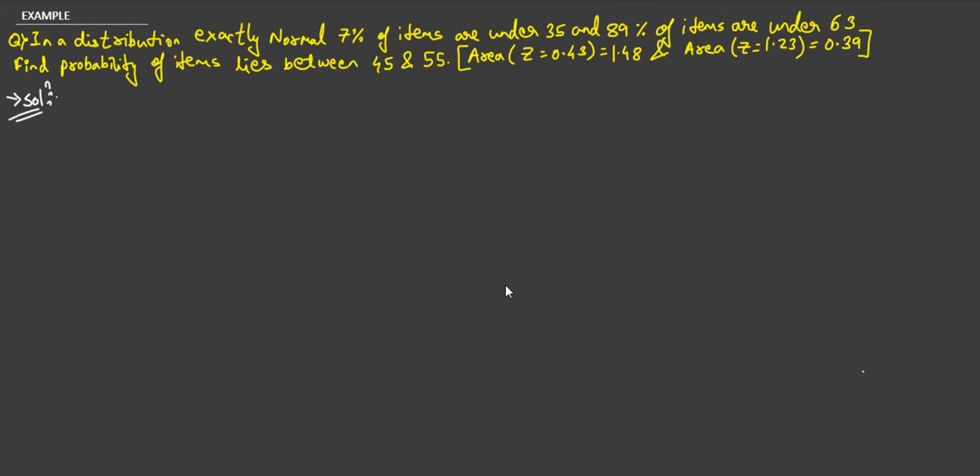So let's start with the solution. In a distribution, exactly normal, 7% of items are under.